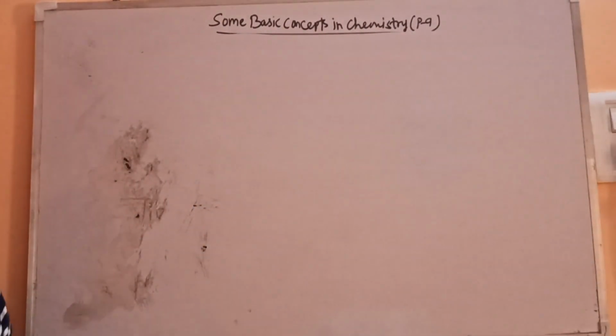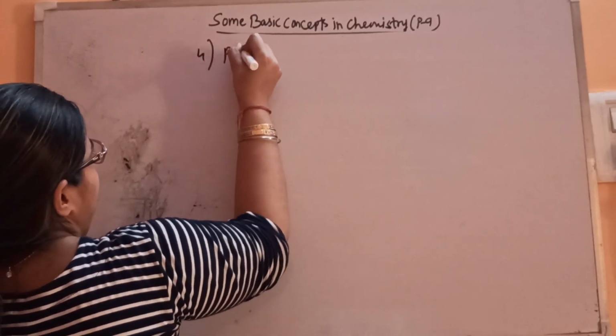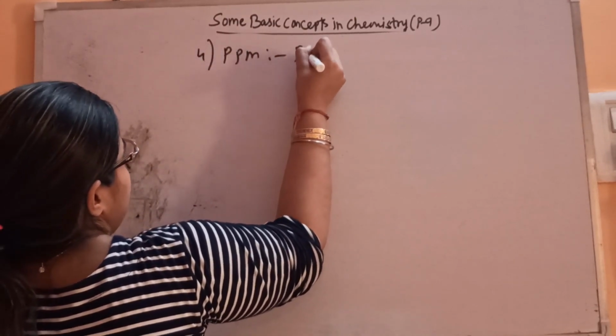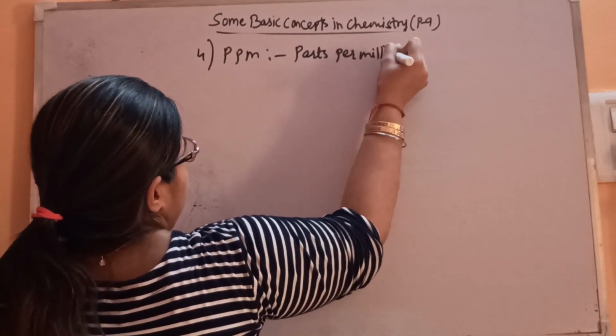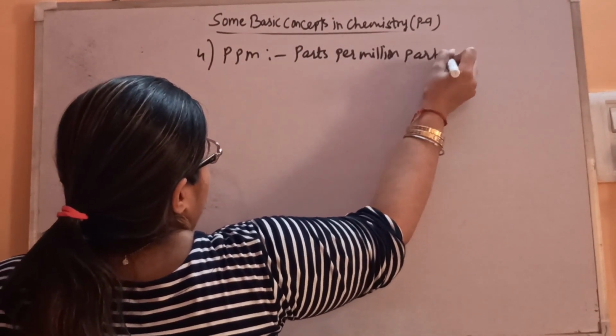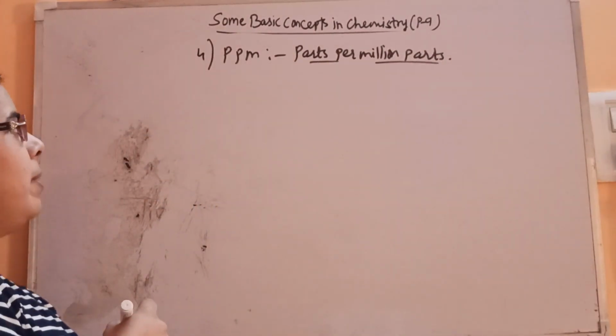Next term is ppm. ppm is parts per million parts. So when we have to use ppm, it's parts per million parts.